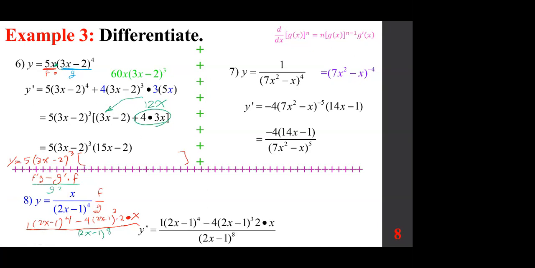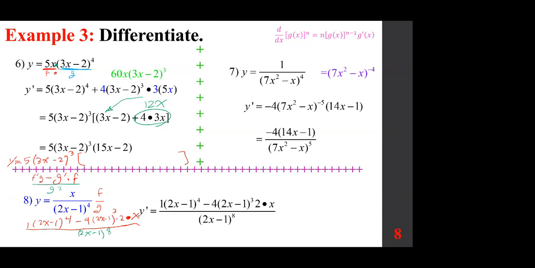And believe it or not, you're done with calculus. All you have to do is simplify the numerator. And to simplify the numerator, you have to factor. So what do you factor? Let's see what we need to factor. What's in common? 2x minus 1.